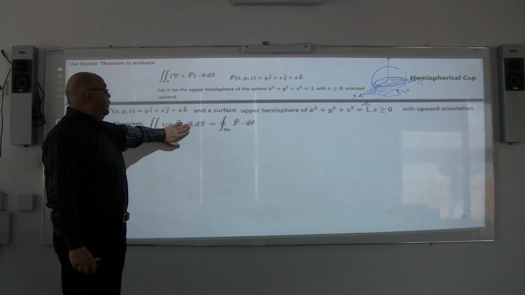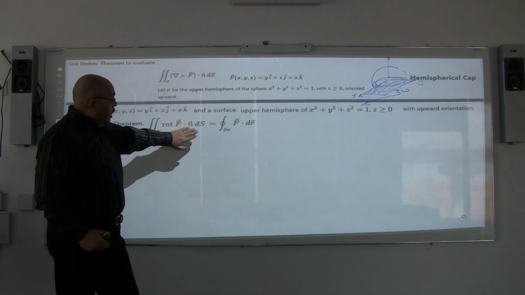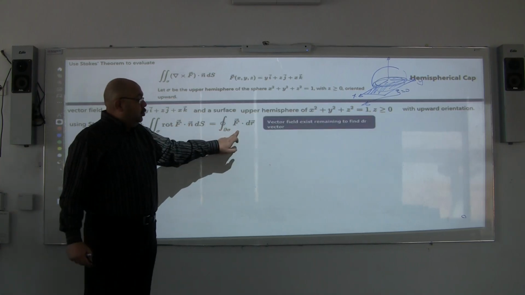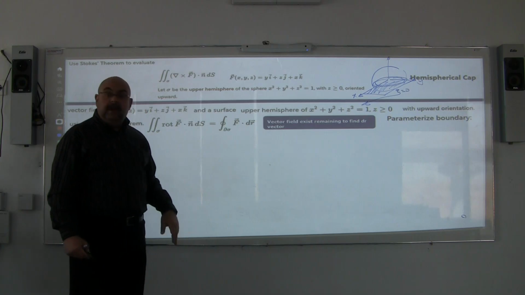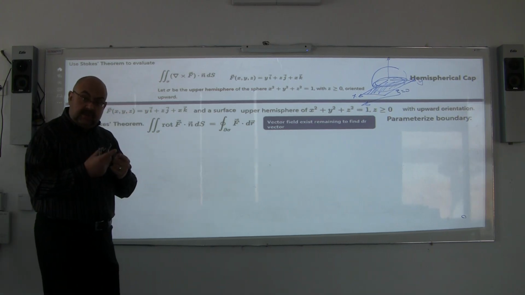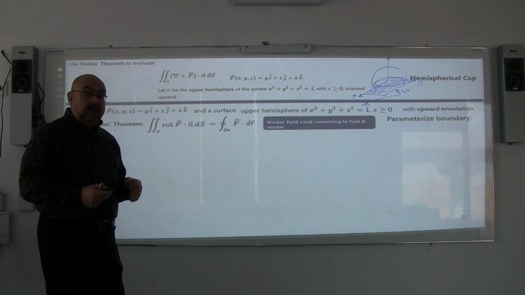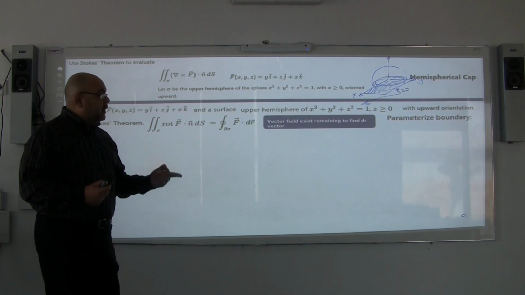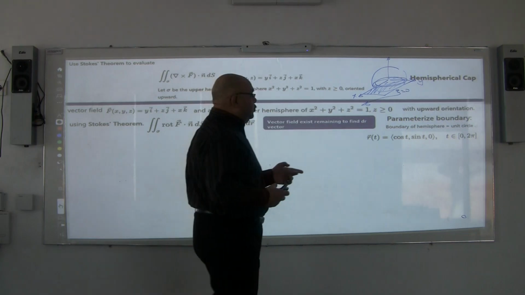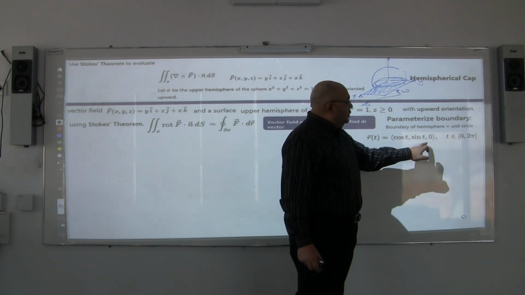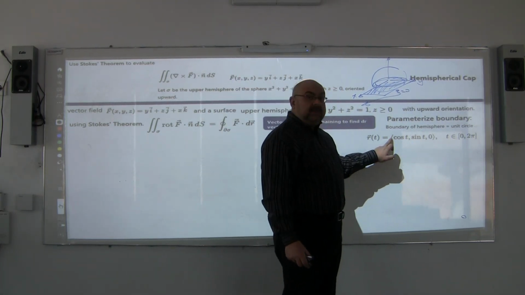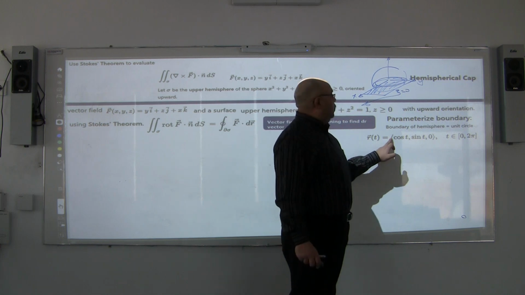Instead of dealing with the surface integration, I will go through the boundary. As I told you, the boundary will be just a unit circle with z equal to 0. So r is going to be cosine t, sine t, and 0, as you would see. Here it is r cosine t, but it's a unit circle, so r is equal to 1.